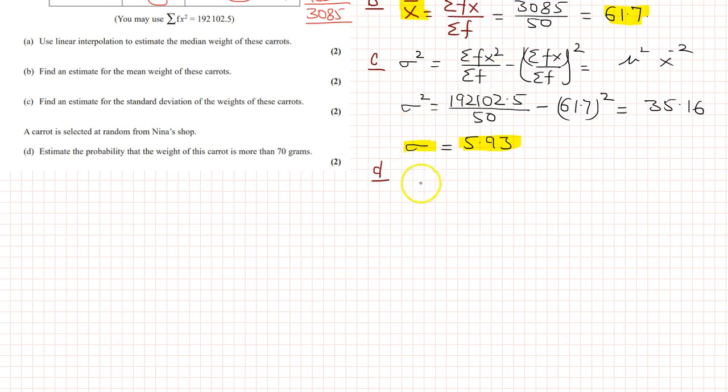So here we have a normal distribution. This is 61.7 and the standard deviation is 5.93.